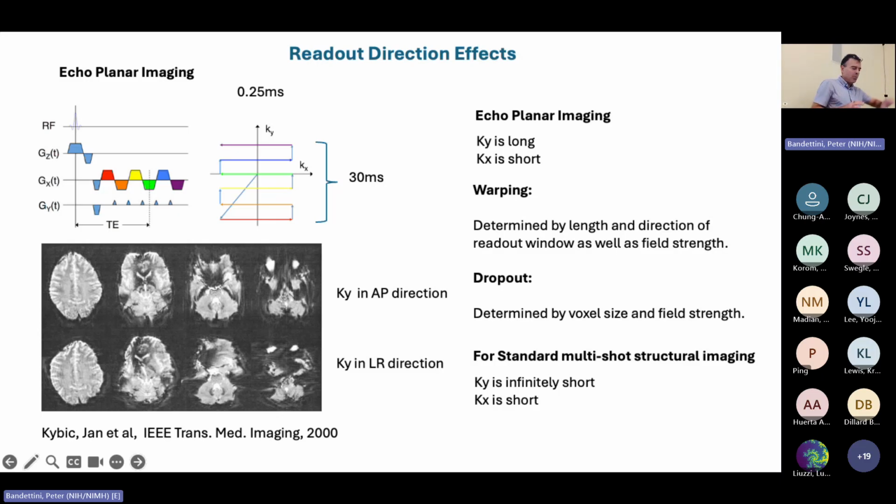There's one main concept I want you to learn here, or two concepts. There are two major types of artifacts in echoplanar imaging, aside from ghosting. One is signal dropout, and the other is warping. We haven't figured out how to solve either completely yet because we can't get a perfect shim on the scanner. So you usually press a shim button that tries to shim as well as possible.